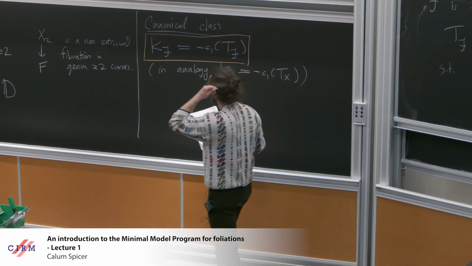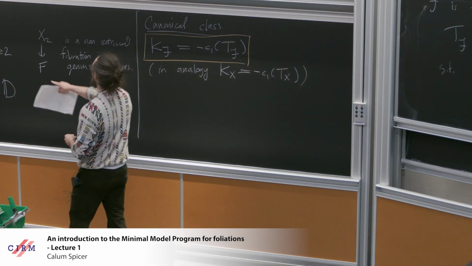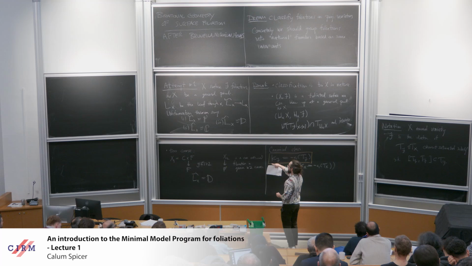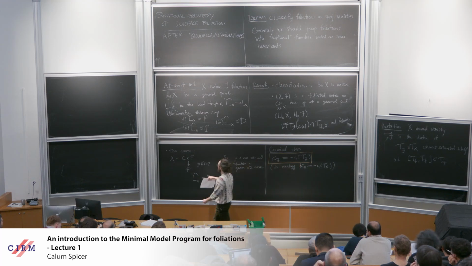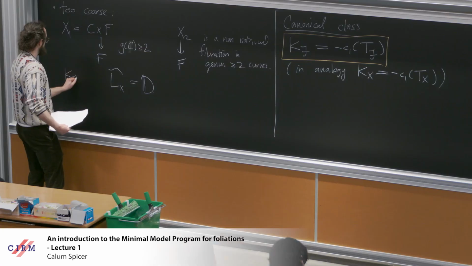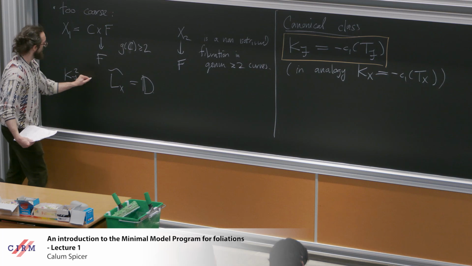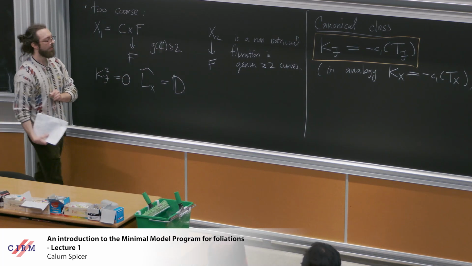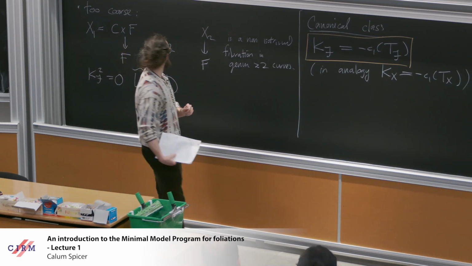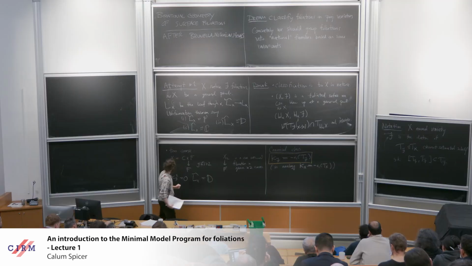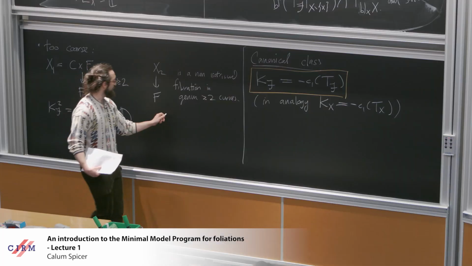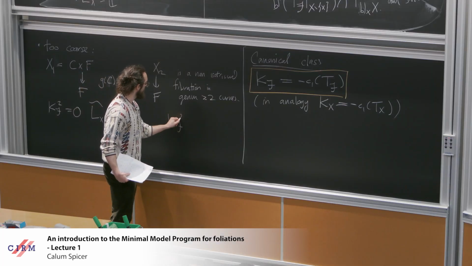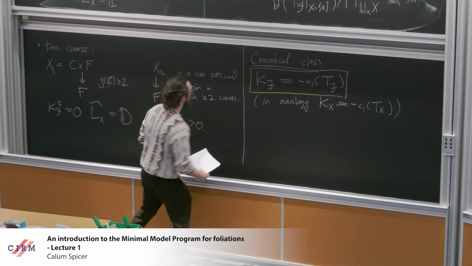And the thing to observe is that this is some cohomology class, and so we can intersect it with itself. In the isotrivial case, K_F squared is equal to 0. But in the non-isotrivial case, K_F squared is positive.